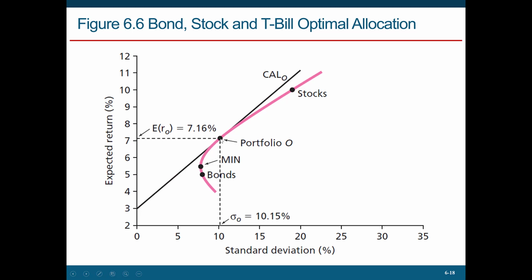The second decision is how much to put in O and how much to put in risk free, right? Capital allocation across O and risk free. And as we know, that is a purely subjective decision. That would depend on your risk preference, right? Where you want to lie along this capital allocation line.